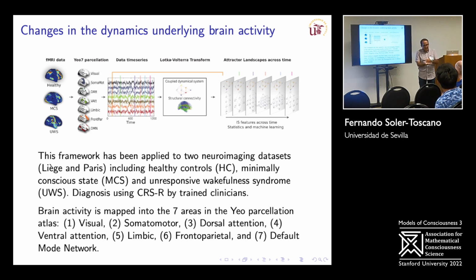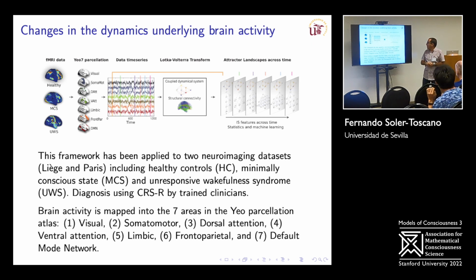At each time point we have an information structure of a very simple system, only 7 nodes, but it can have up to 2 to the power of 7, 128 nodes. So we get for each participant at each time point an information structure.